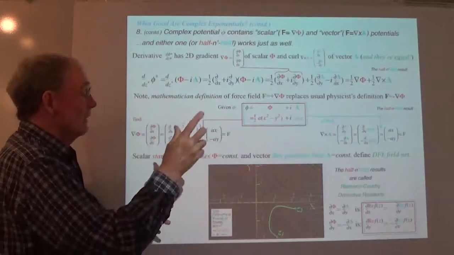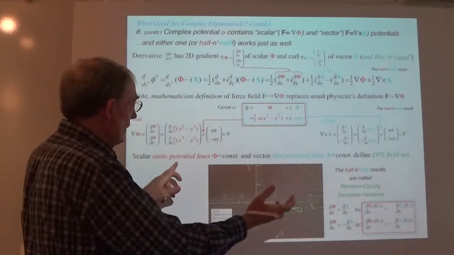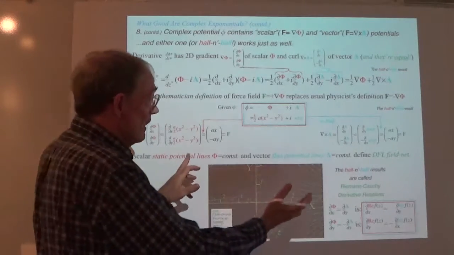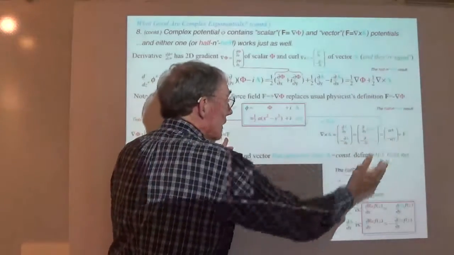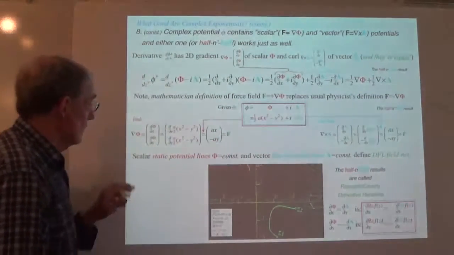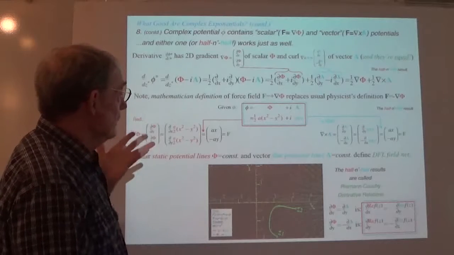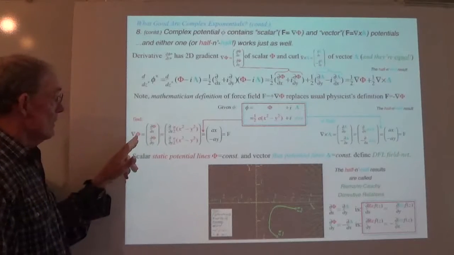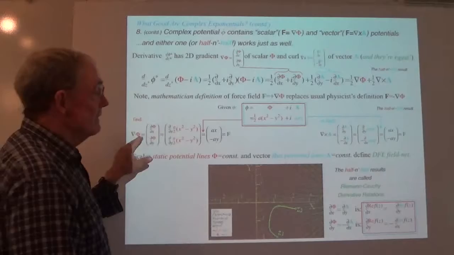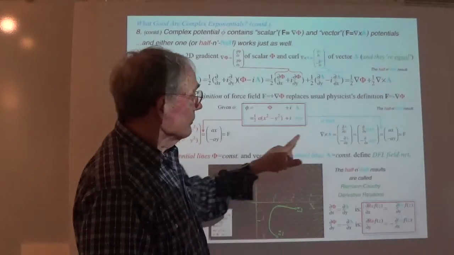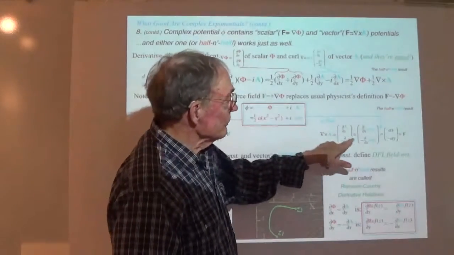Okay, now one other thing to remind you of, that will not happen when we do the source non-zero fields, is that these two results here are identical. So the gradient of the scalar potential is exactly equal to the curl of the vector potential.